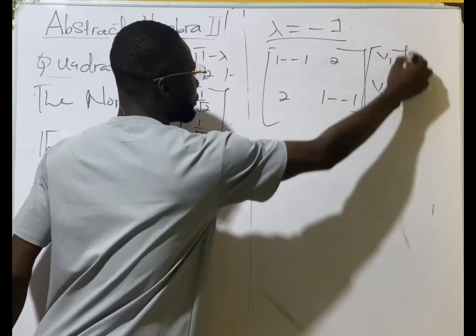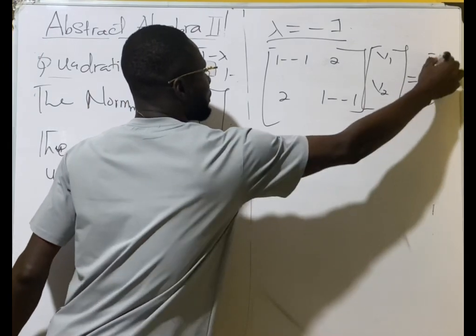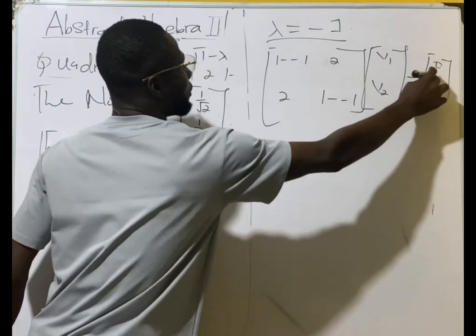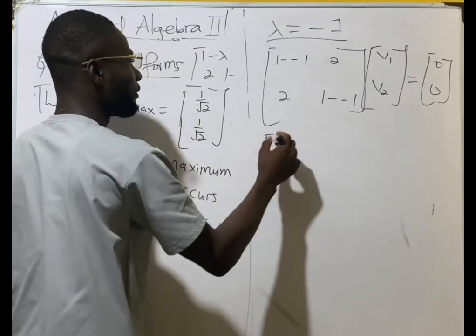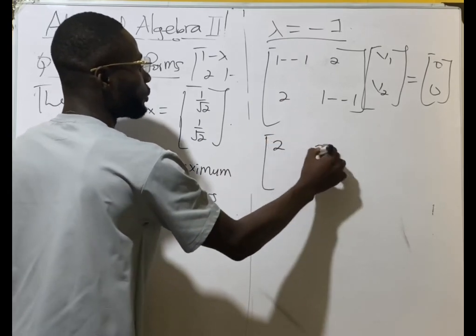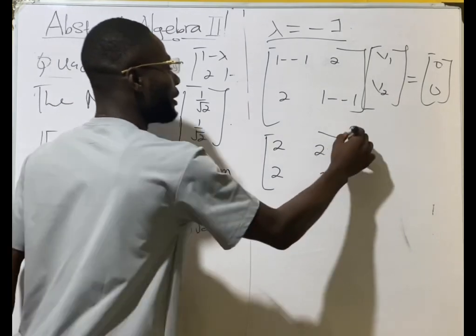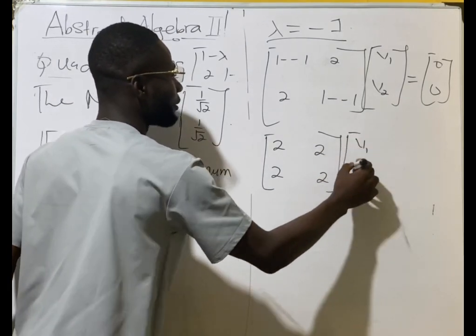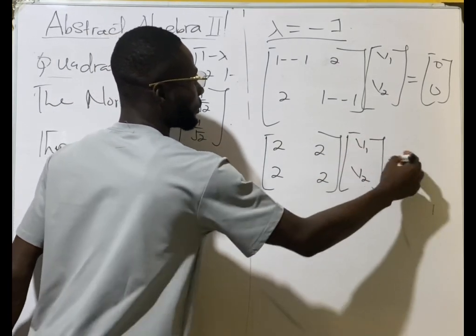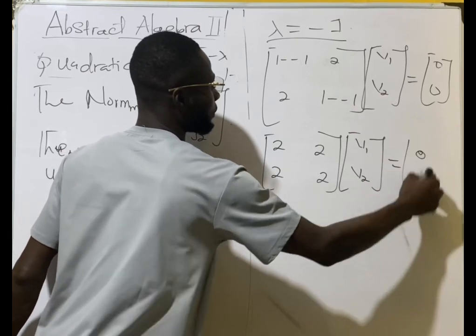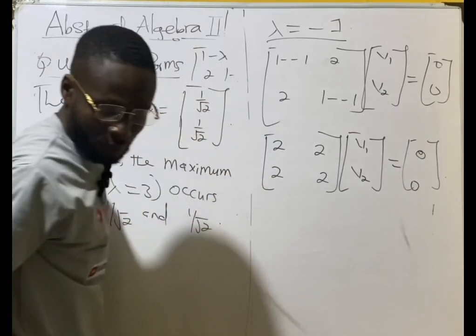So I'll have to use V1, V2, right? So we're going to have 2, 2, 2, 2, right? So this multiplied by V1, V2 equals what? 0, 0, right?